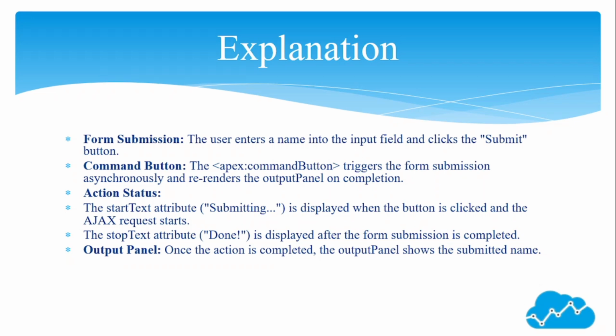The startText attribute "Submitting" is displayed when the button is clicked and the Ajax request starts. The stopText attribute "Done" is displayed after the form submission is completed. Output panel. Once the action is completed, the output panel shows the submitted name.